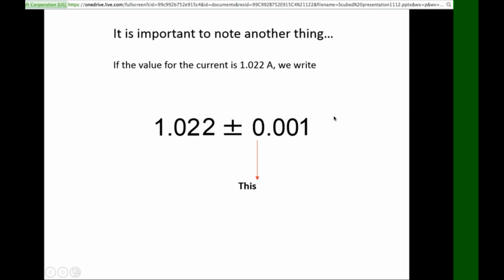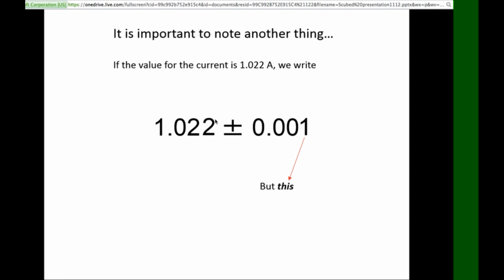Why? Because, for instance, this 0 means that the uncertainty in the 1 is 0, while this 0 means that the uncertainty in that 0 over there is again 0. But this, so each number here gives the uncertainty in the corresponding number over here.